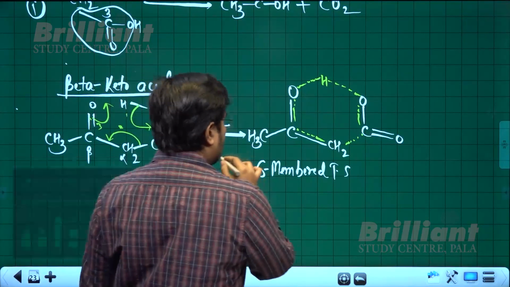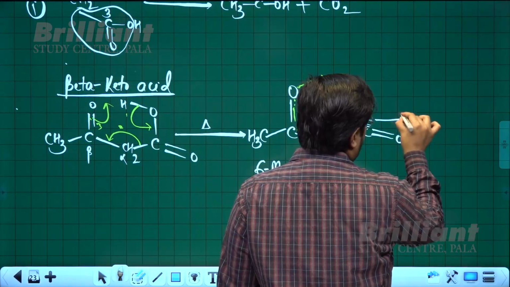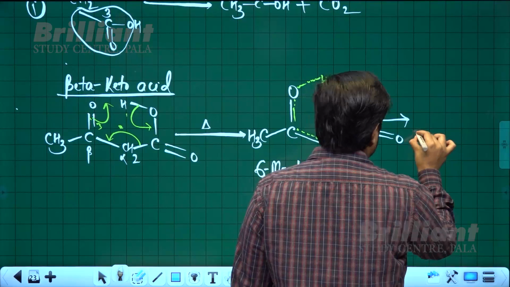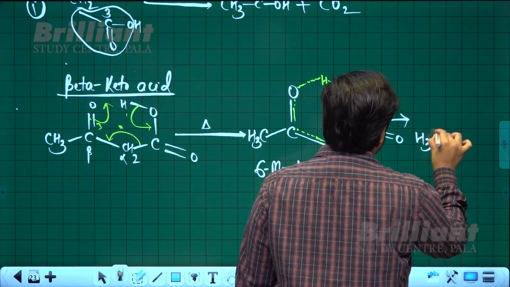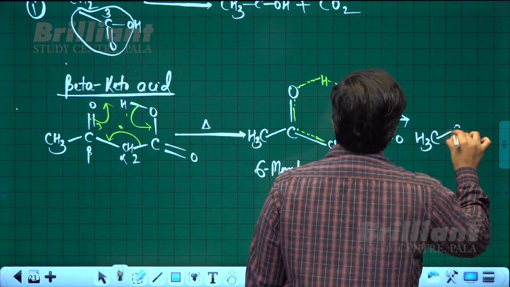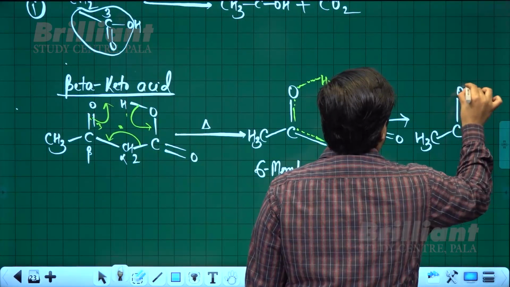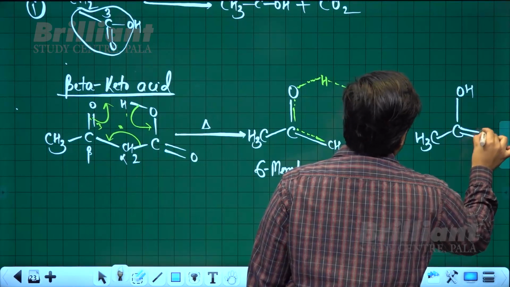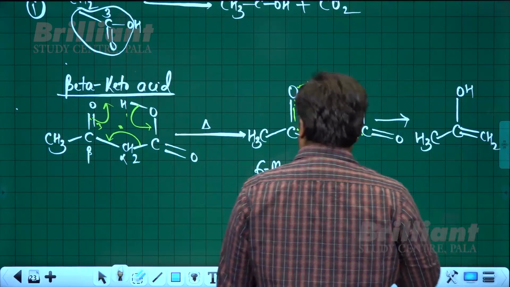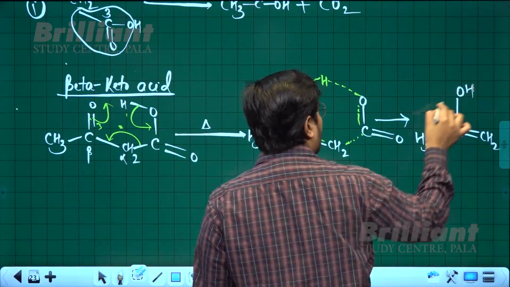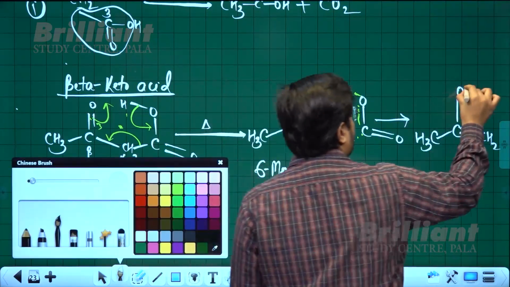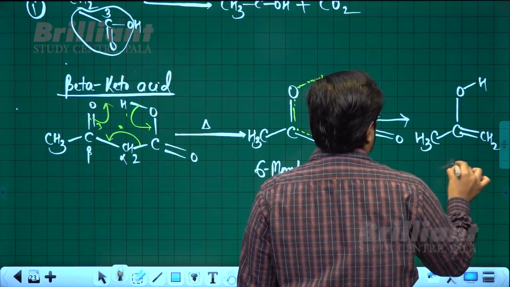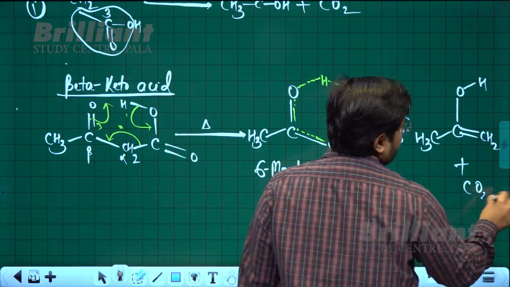So finally, when all the bonds are broken and formed completely, what you are going to get is CH3, C, OH, double bond, CH2, plus CO2.